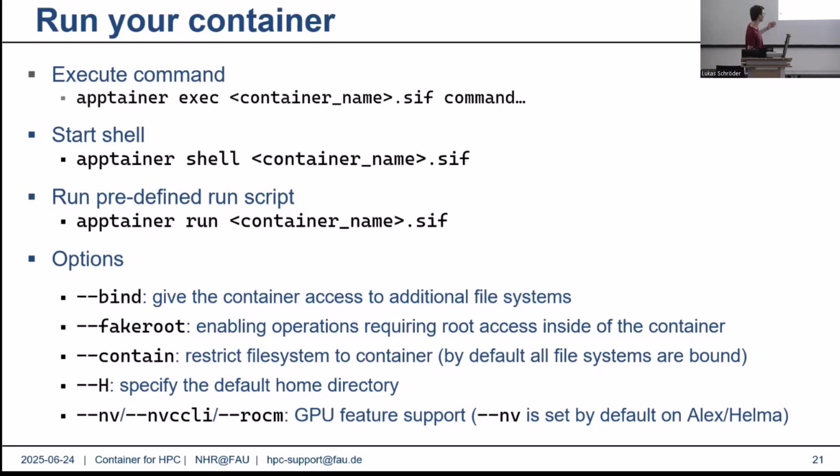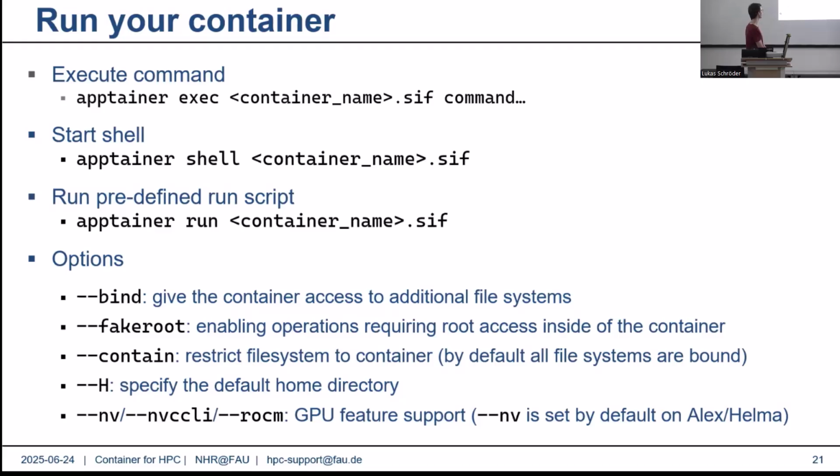Then contain, again, like in Docker. So you only see the container file system, which is helpful, for example, if you use sandboxing. If I try to run a sandbox, I usually use fake root and contain, because then it really looks like I am installing the system and I cannot mess up some files I have in my user space on the host.